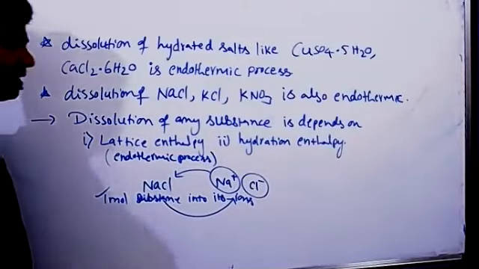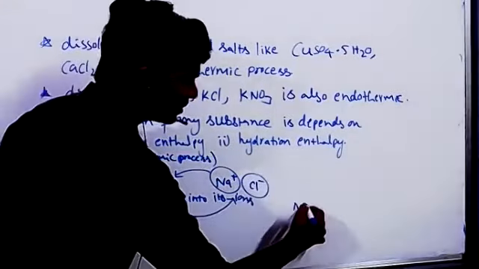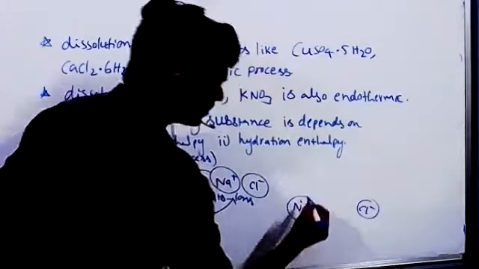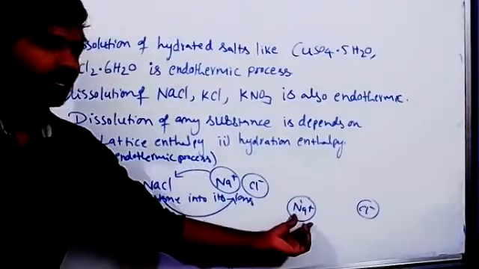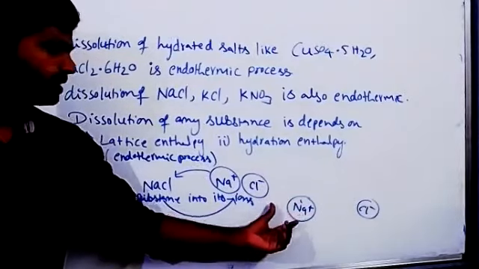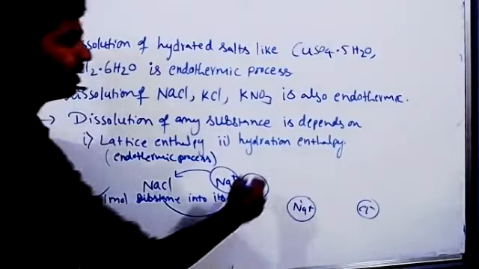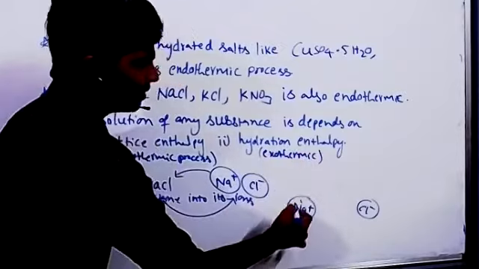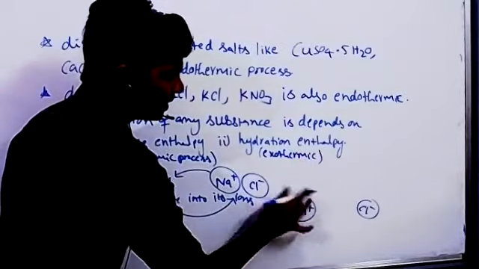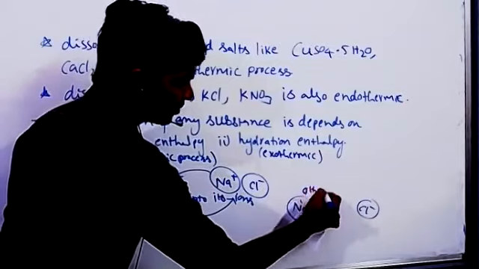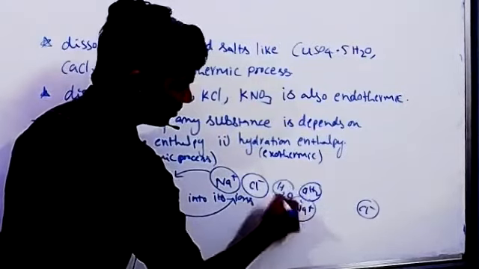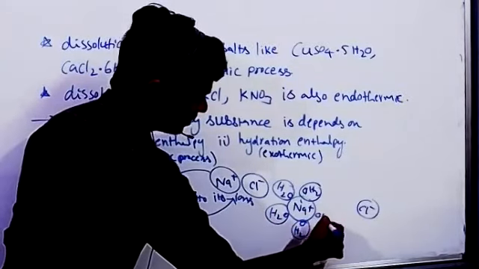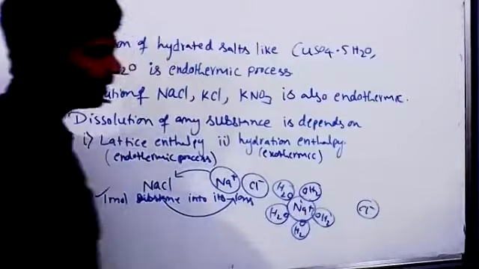Next, hydration enthalpy. Here ions are produced, Na plus and Cl minus ions. These ions are surrounded by some water molecules, and as a result energy is released. That is an exothermic process. Some water molecules interact with Na plus.